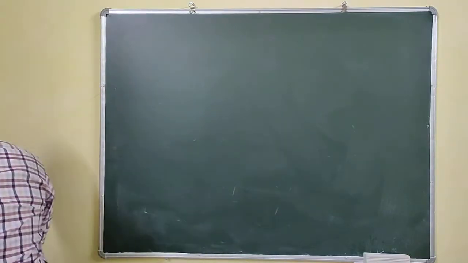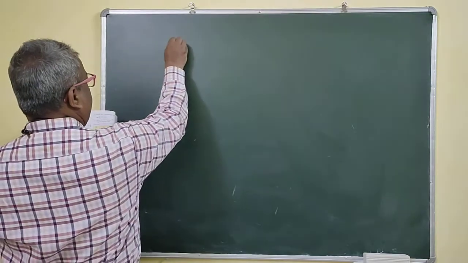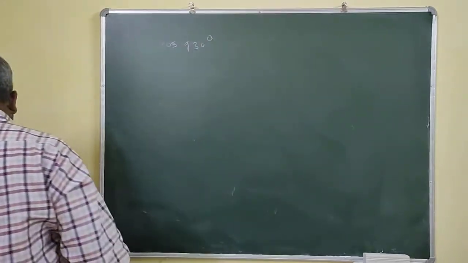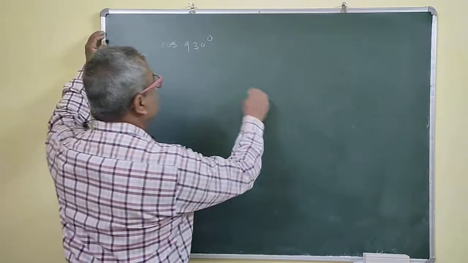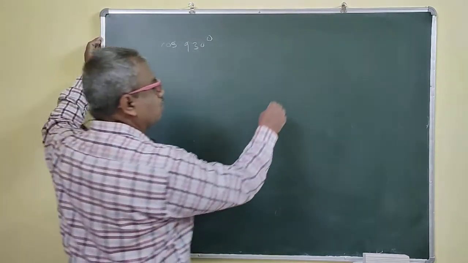Okay, so next, find the value of cos 930 degrees. This is greater than 360 degrees, so you have to do the actual division.